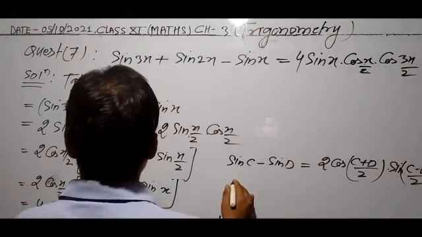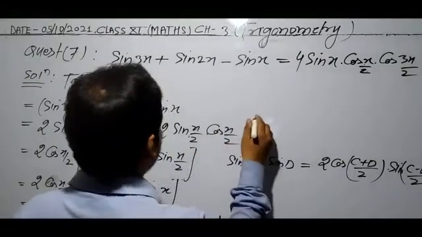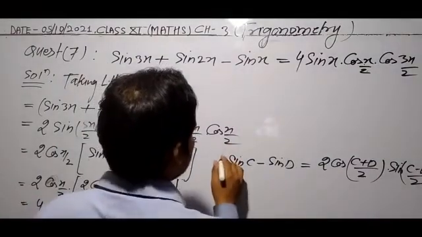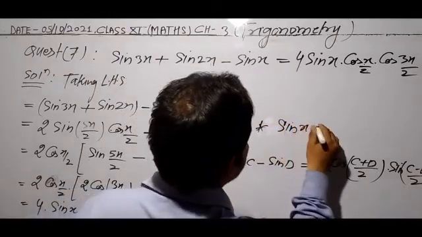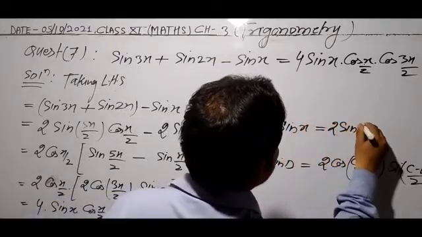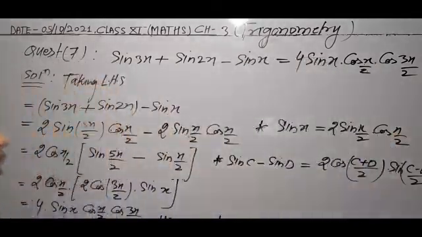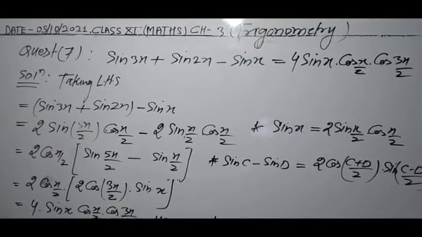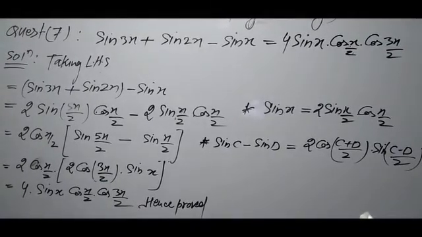And again, here is the formula used: the sin x half angle formula, 2 times sin of x by 2 into cos of x by 2. This is the formula. Hence proved. Our question is proved.